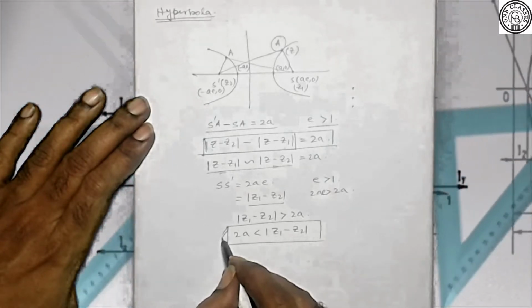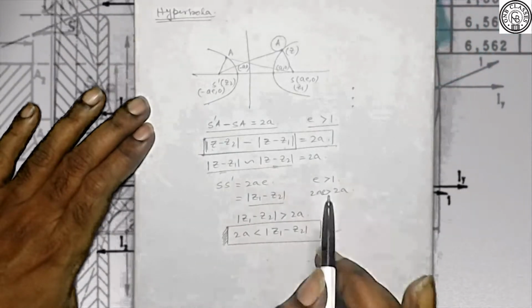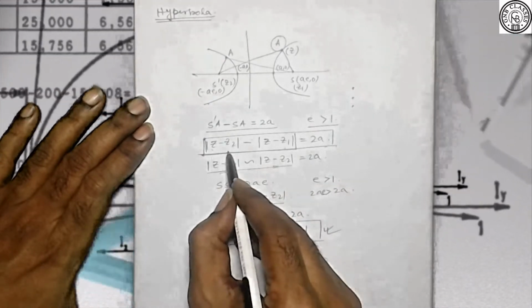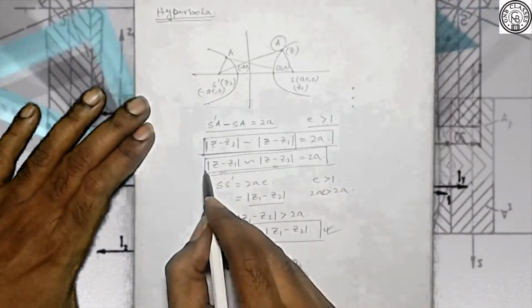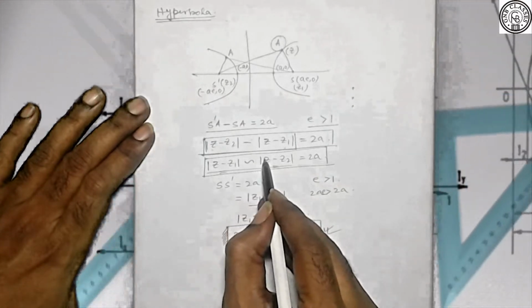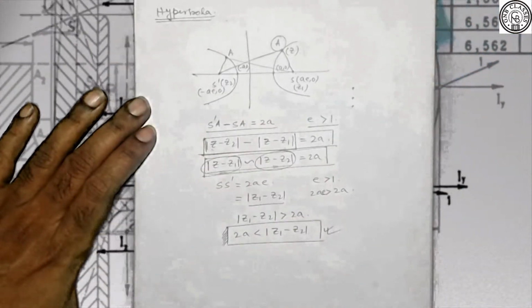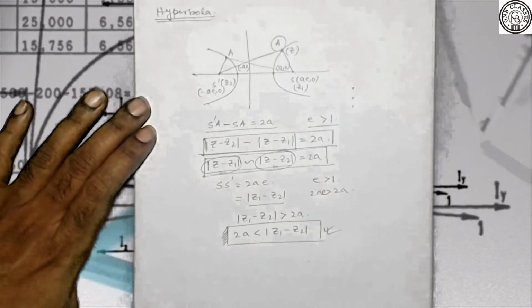This is a very important property. Until and unless this relation holds true, this will not represent a hyperbola on a complex plane. Right? So either you can write it in this way, or else you can write mod of z minus z1 tilt mod of z minus z2 is twice a. Correct? So these three things we have to remember. Okay? Now let us move to some problems.